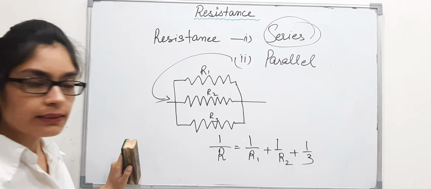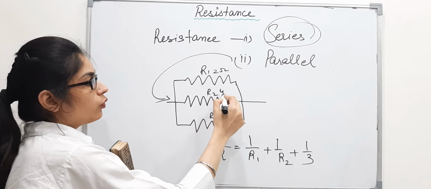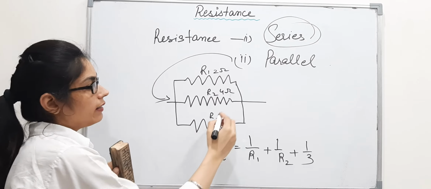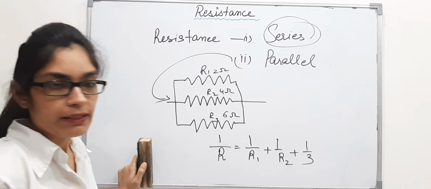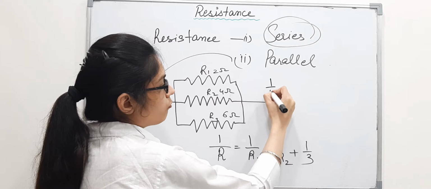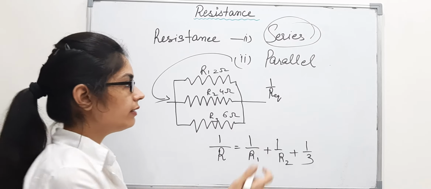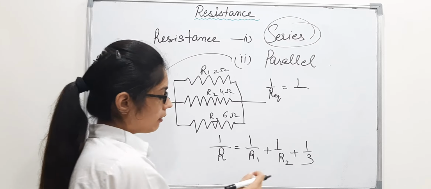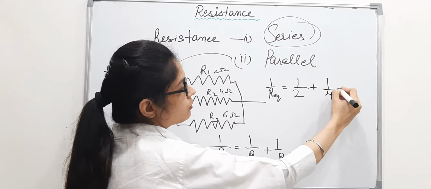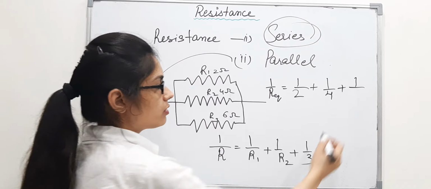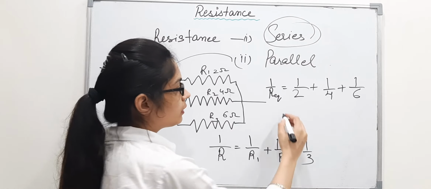Let's take an example. Suppose R1 is 2 ohm, R2 is 4 ohm, R3 is, let's say, 6 ohm. How will we find the resultant resistance? We'll write 1 by R, this is the equivalent or resultant resistance, equals 1 upon R1, which is 2, plus 1 upon R2 which is 4, plus 1 upon R3 which is 6. So you have to find the LCM of 2, 4 and 6.